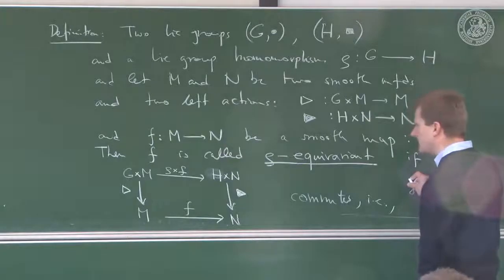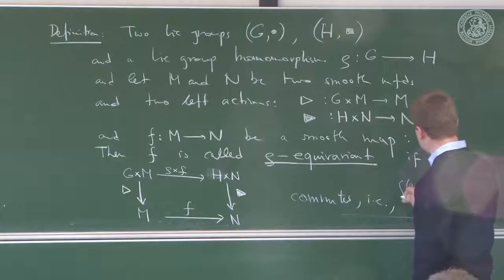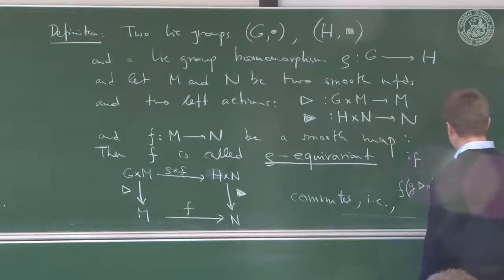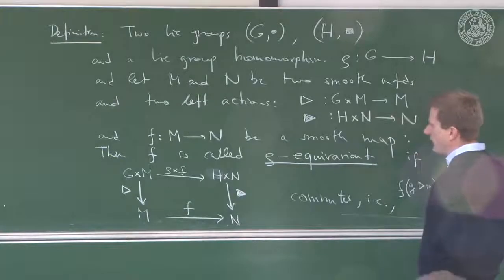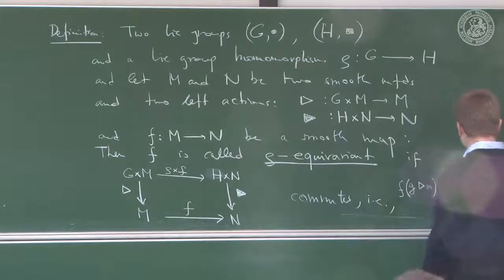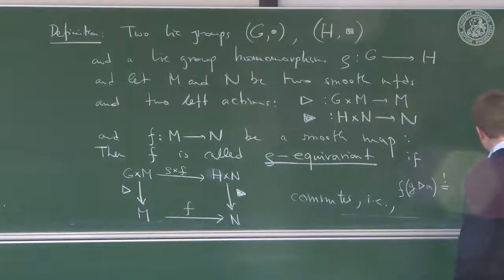You let it act, and then you take the function F to map it, and this is supposed to be the same as you first map the G by rho, and you map the m by F, and then you take the result and you use the solid action.